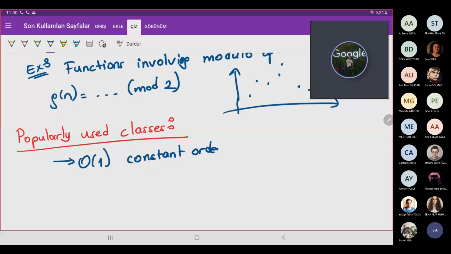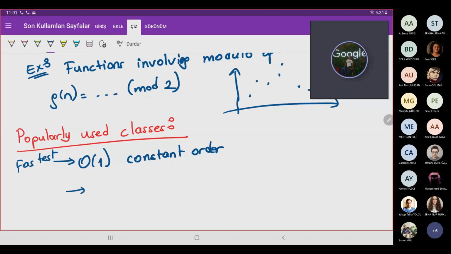When we say constant order, we imply big O1, and we usually have it in best case complexity analysis. If an algorithm has big O1, I don't even know such an algorithm. We usually encounter it in best case complexity analysis. It might be the case.